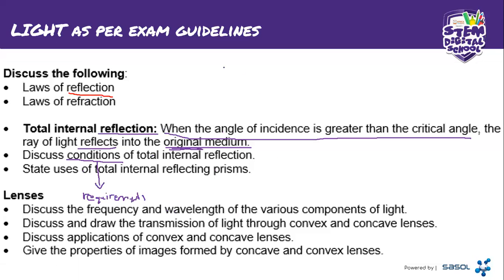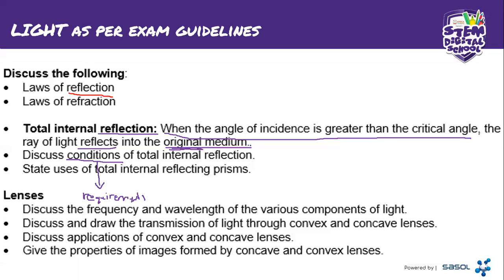Right, I'm sure the learners are saying, by now we really understand this. One condition that must be met for total internal reflection is the angle of incidence must be greater than the critical angle. That will be the first condition for 1 mark.